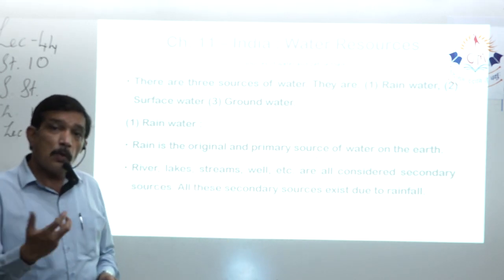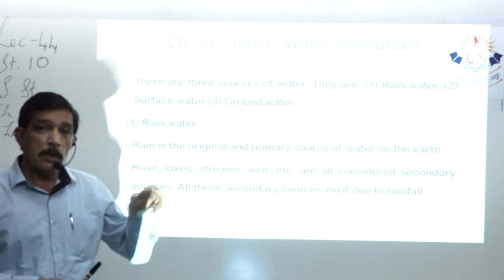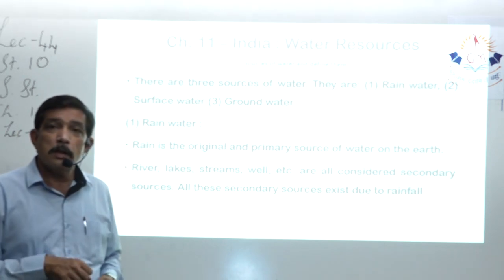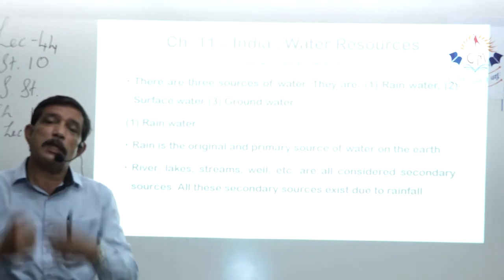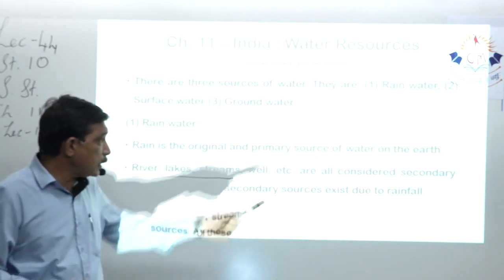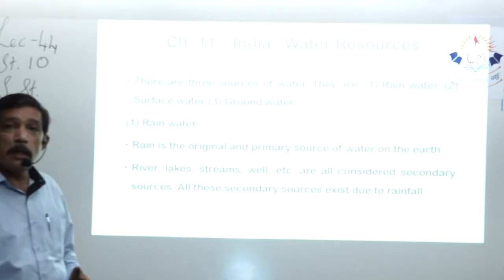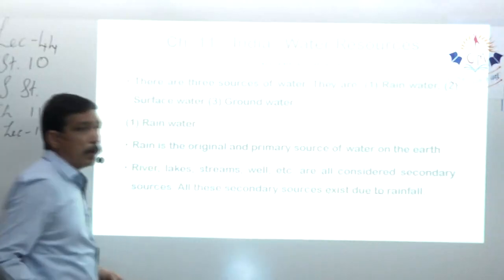A well has underground water, but where did that underground water come from? Of course, rain dropped on the surface, it seeped inside the earth and got collected and came up somewhere else, that is a well. So they are considered as secondary. All these secondary sources exist due to rainfall.